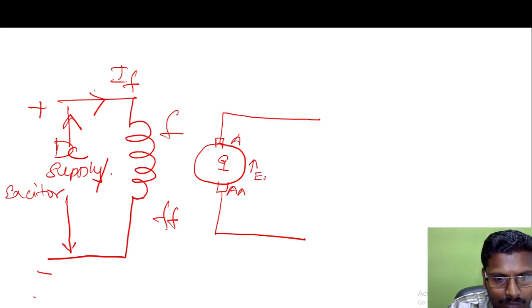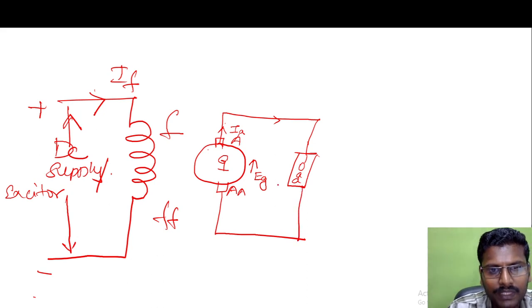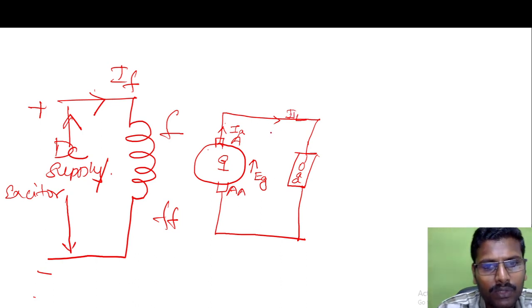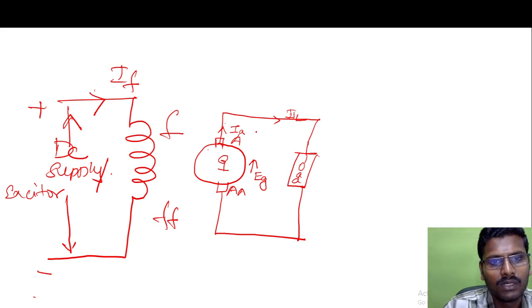And this is the generated EMF EG, and the arrow mark indicates the direction of voltage, and this is the current IA, which is the armature current, which will be delivered to the load. And the current is IL here. IA will be delivered to the load, so IA and IL are equal.